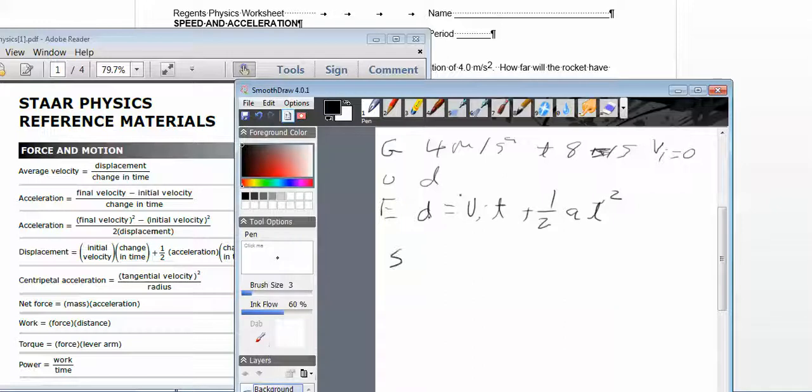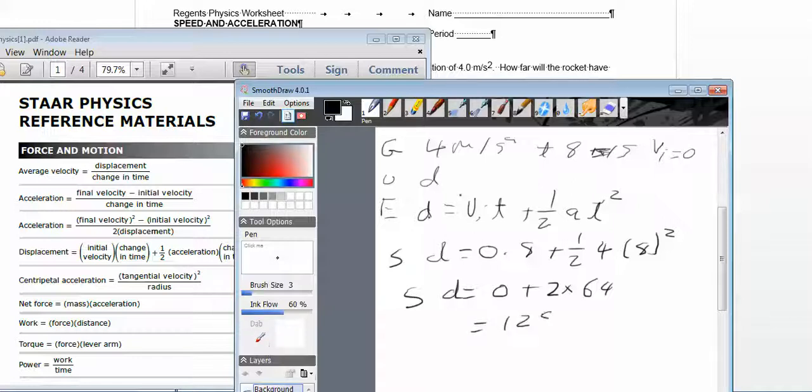We substitute: distance equals 0 times 8 seconds plus 1/2 times 4 times 8 squared. And we solve. 0 times 8 is 0. 1/2 times 4 is 2. 8 squared is 64. So our distance equals 128 meters.